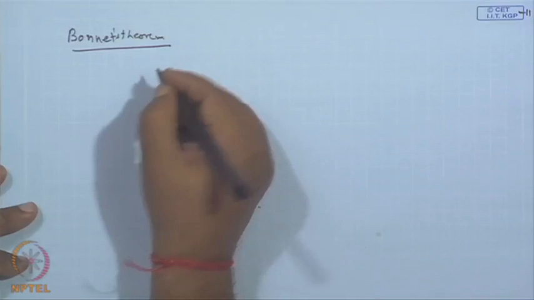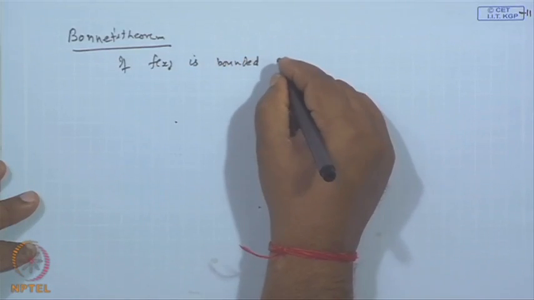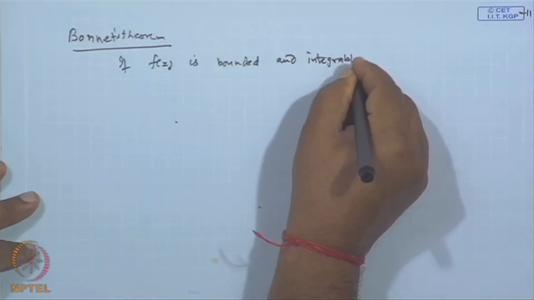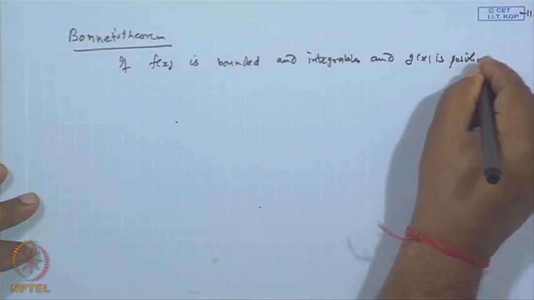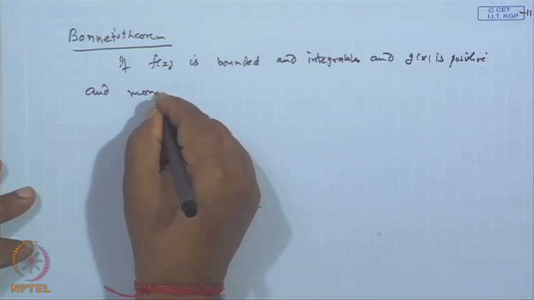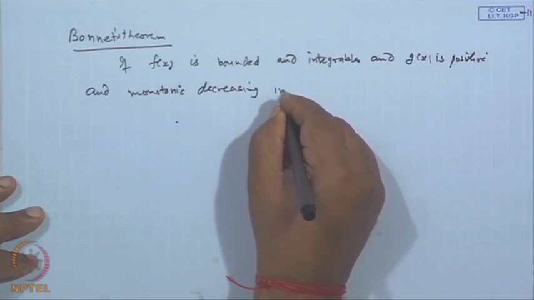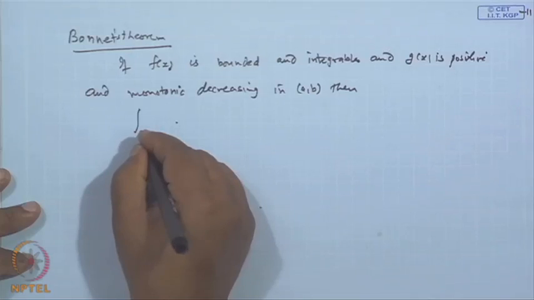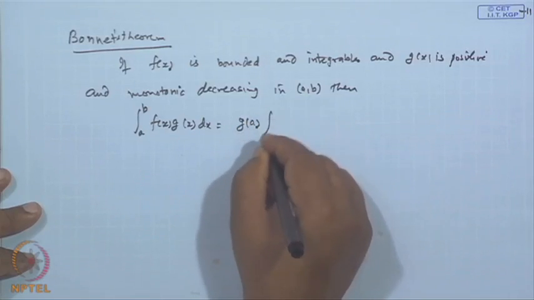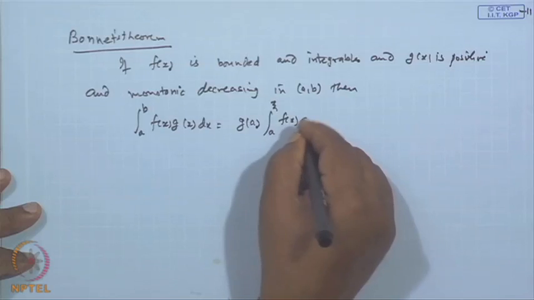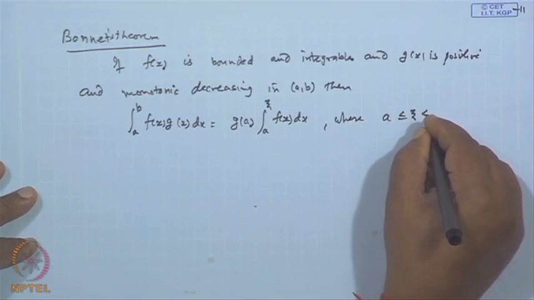Bonnet's theorem says, if f(x) is bounded and integrable, and g(x) is positive and monotonic decreasing in the interval [a, b], then the integral from a to b of f(x) g(x) dx is g of a times the integral from a to xi of f(x) dx, where xi lies between a and b.